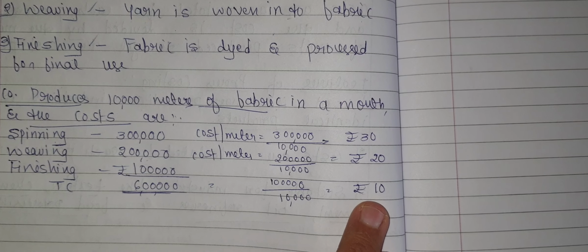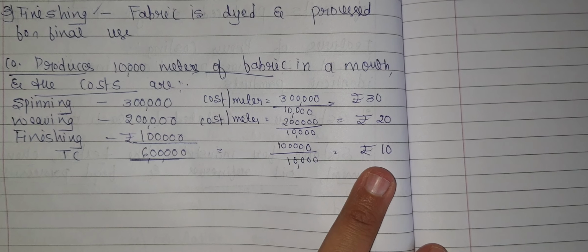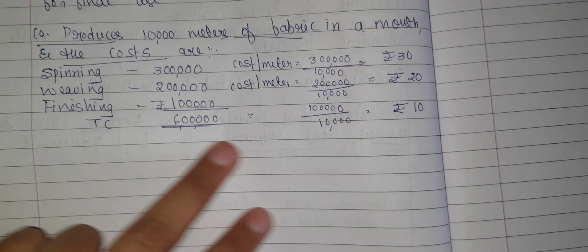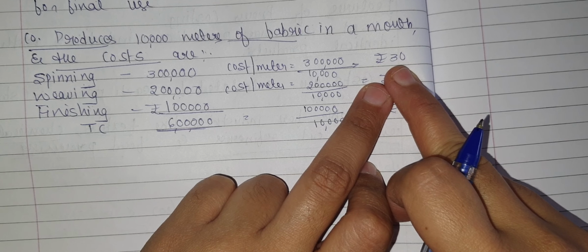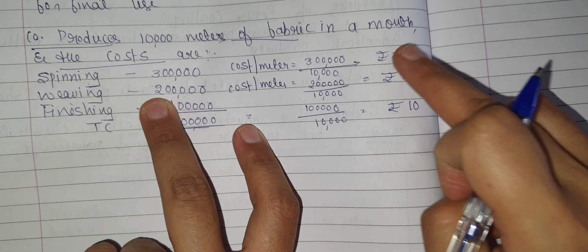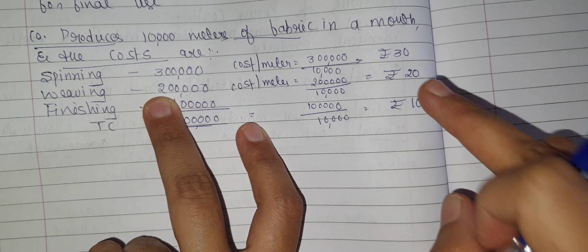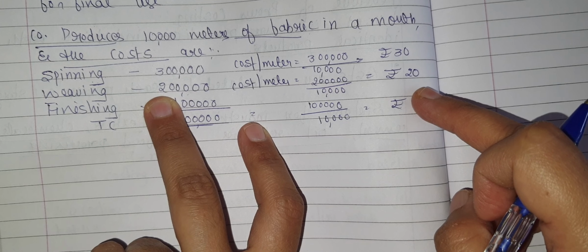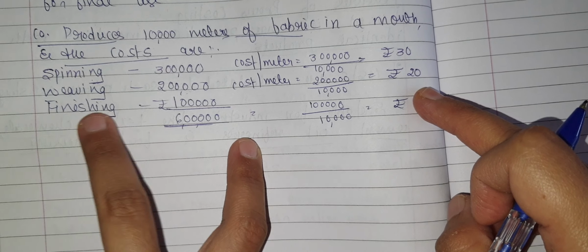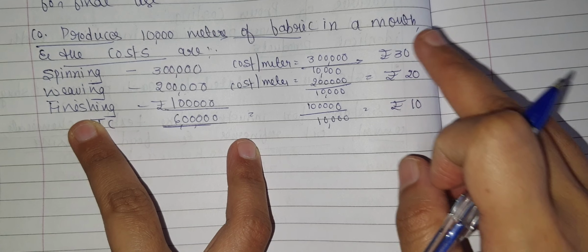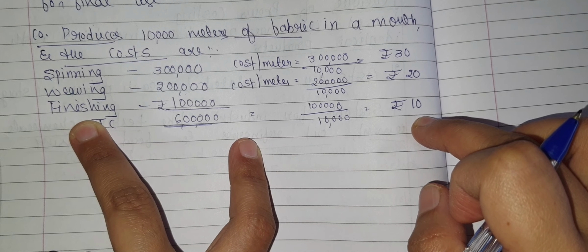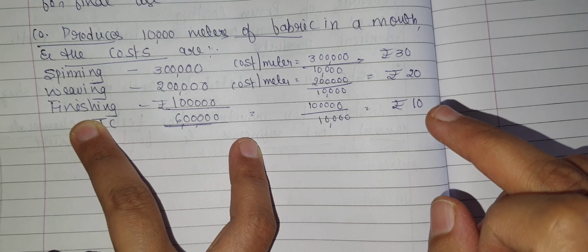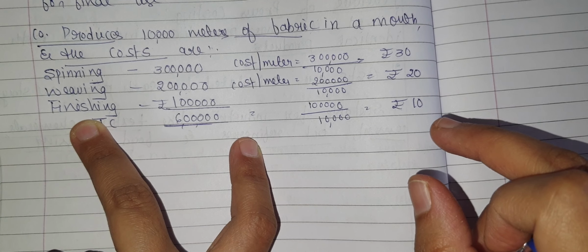The cost per meter after spinning is rupees 30, after weaving it is 30 plus 20, that is rupees 50, and after finishing it is 50 plus 10, that is rupees 60 per meter of fabric.